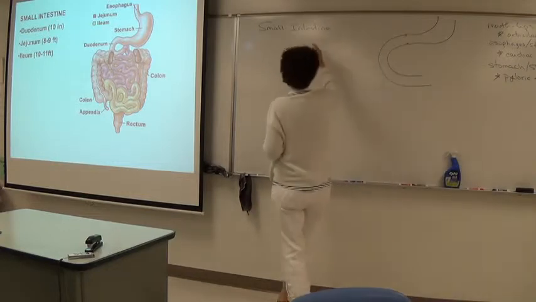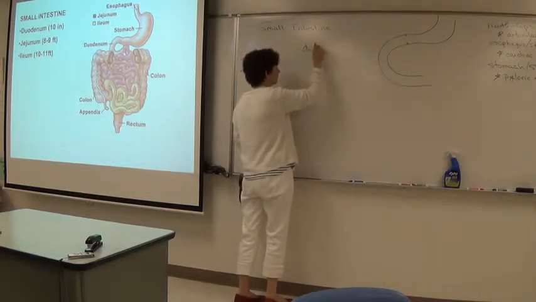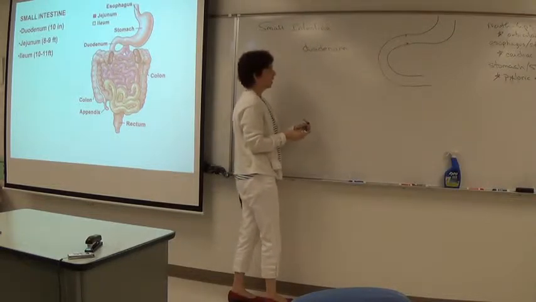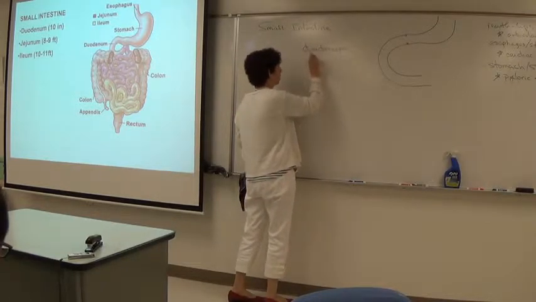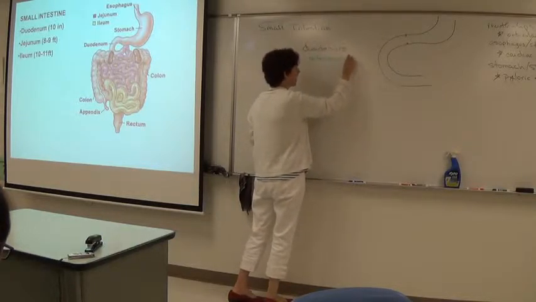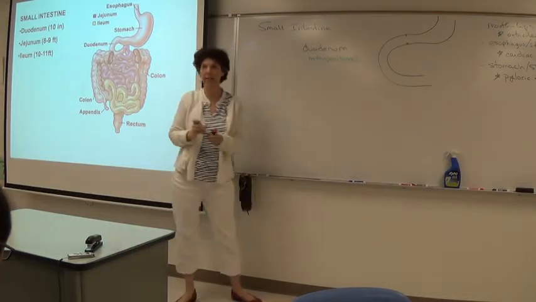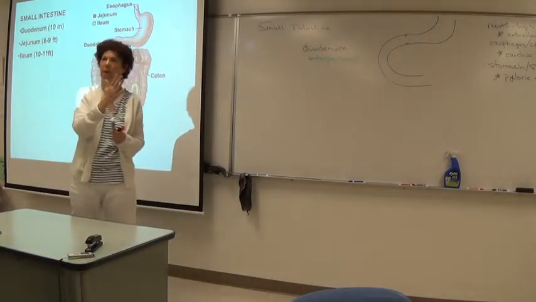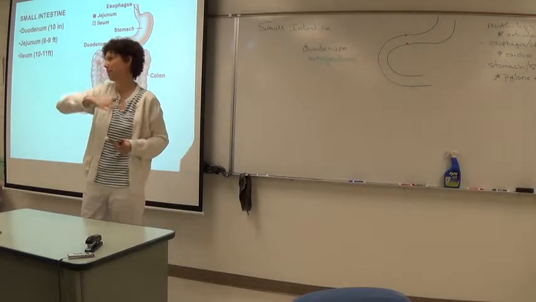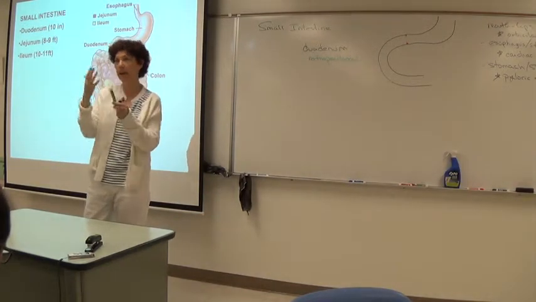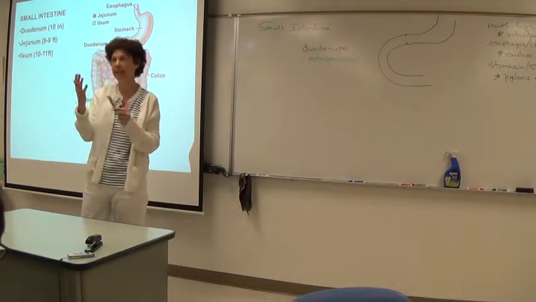The duodenum is retroperitoneal. Remember we talked about primary and secondary retroperitoneal organs. If it was intraperitoneal and then fuses to the posterior abdominal wall and loses the peritoneum of the parietal and visceral components and becomes retroperitoneal, that's a secondary.